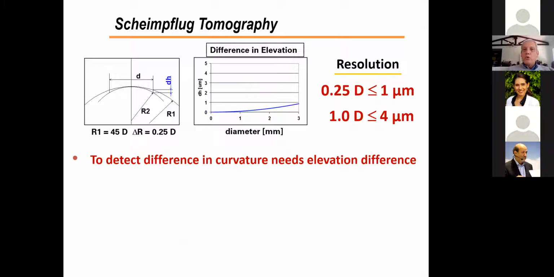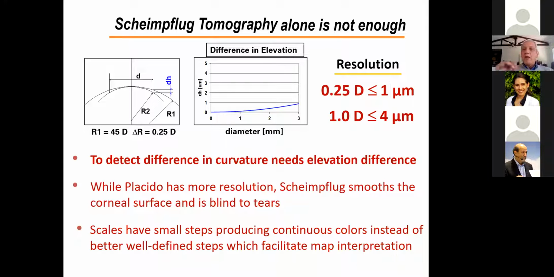However, Scheimpflug tomography, to detect differences in curvature, needs differences in elevation. And to distinguish a quarter of a diopter, we need a resolution of less than 1 micron. So Scheimpflug tomography alone is not enough.